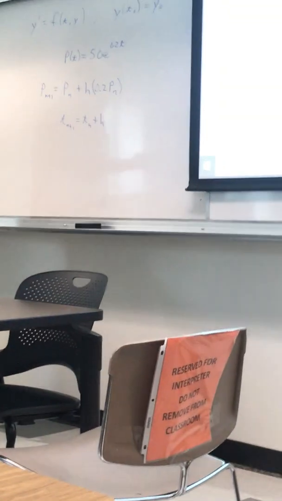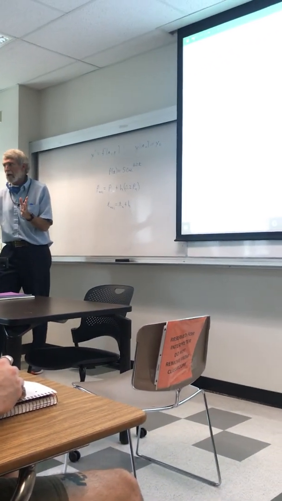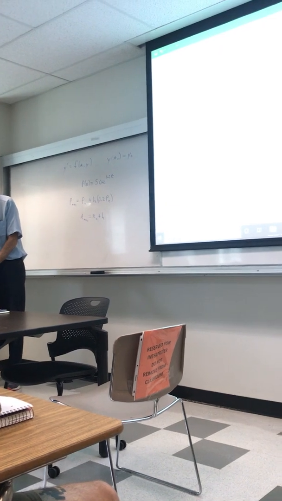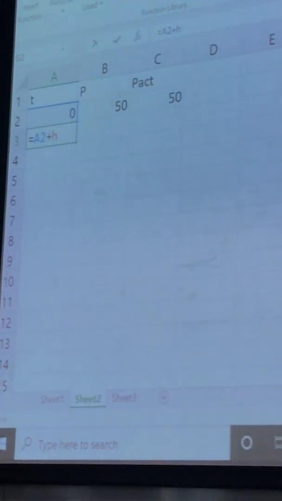So, for those who don't know Excel, you can watch what I'm doing. For those who do, what I'm going to write in here is equals the previous cell, that's the T0, right? And then I'm going to do plus the h value.